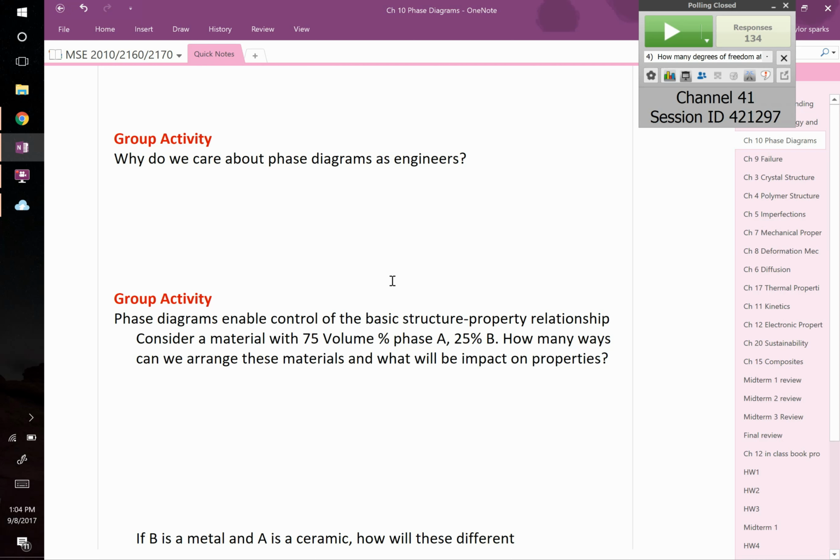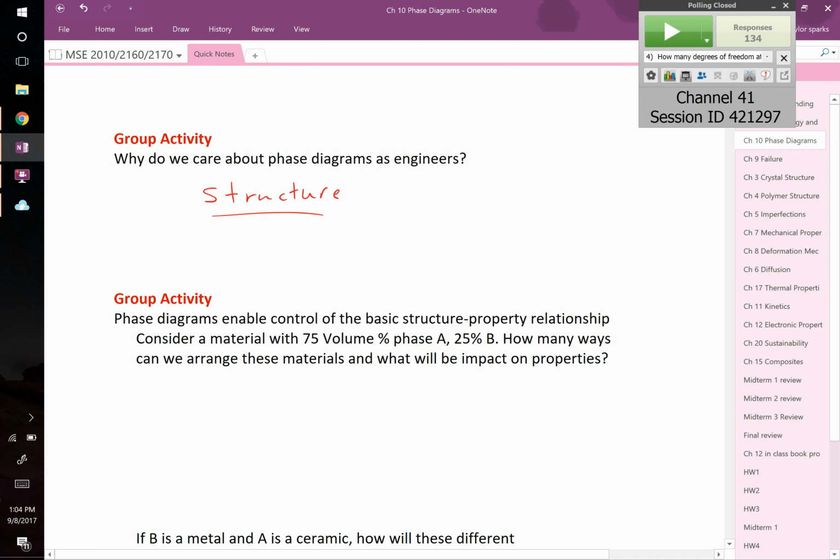Let me pick on, I think it's John in the black shirt with the beard. So you can determine what kind of structure will come about through these phase diagrams if it's heated fast or slow, correct? Yeah, so you'll be able to predict, like the phase diagram, think of it like a map. It's just like a treasure map. It tells you where things are. The phase diagram tells you what phases or what structures are present as a function of what?